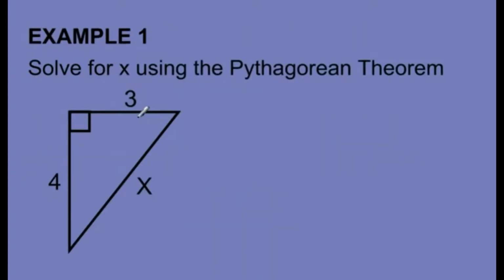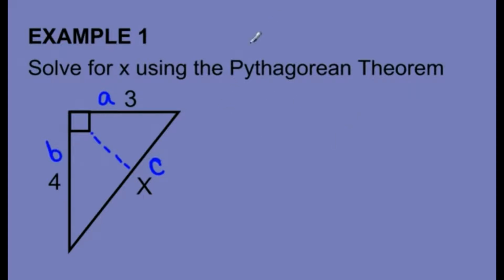Let's look at an example. Solve for x using the Pythagorean theorem. I need to find my hypotenuse. So I'm going to look for my right angle and look opposite for the side and label that c. So that's my hypotenuse. The other two sides I'm going to label a and b, and again it doesn't matter which one is which.